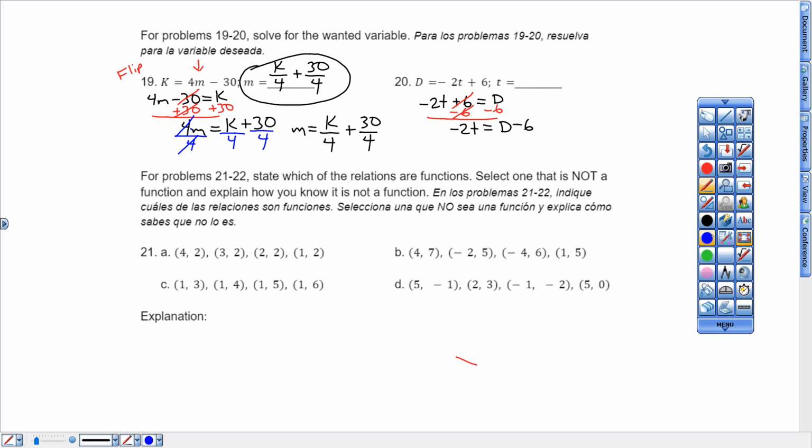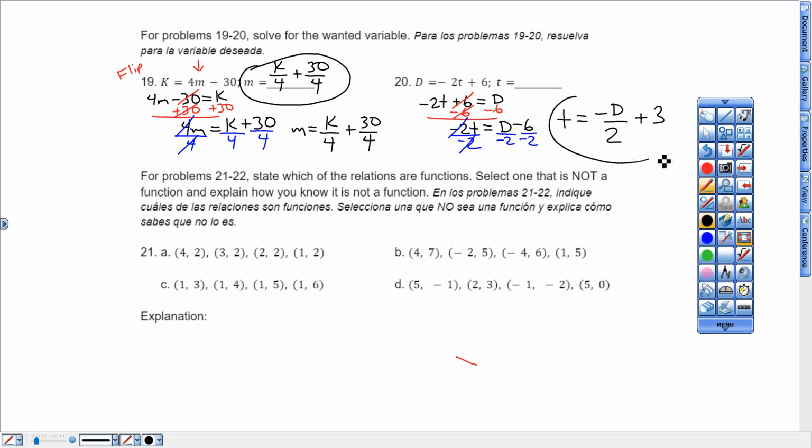And now the opposite of multiplying by negative 2, dividing everything by negative 2, makes this t all by itself and gives me negative D over 2. And then this negative 6 and negative 2 right there, that combines to give me positive 3.